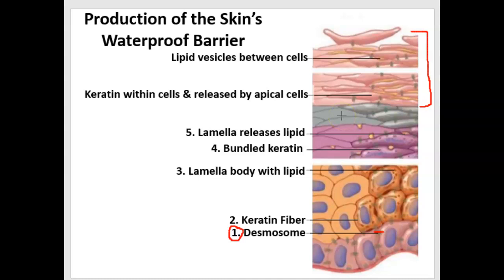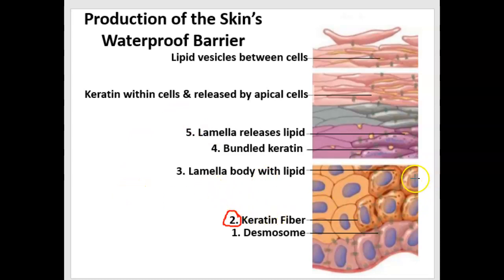That doesn't necessarily mean it provides waterproofing, because waterproof would mean a tight junction. And with a desmosome, there could still be substances leaking through cells. But it does keep the cells together, so we include it. In addition, the keratinocytes make keratin. That protein acts as a water barrier.